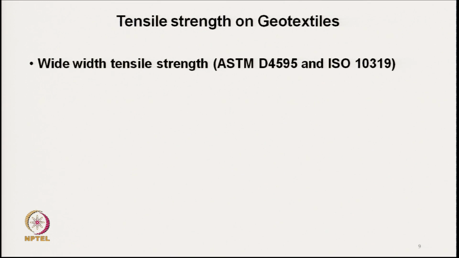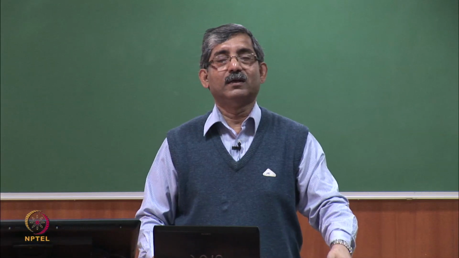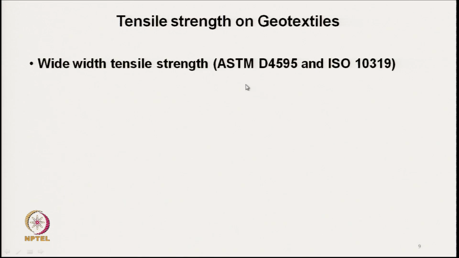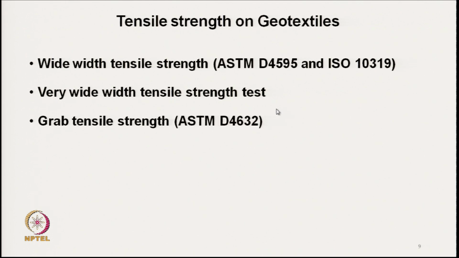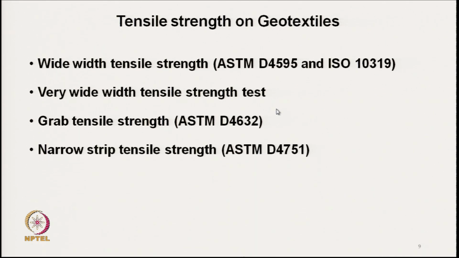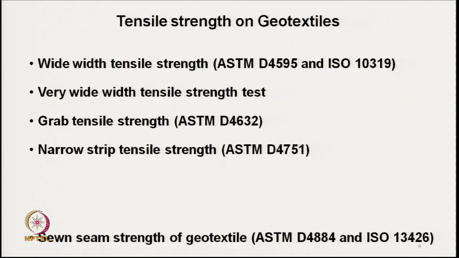In actual field application, we need wide width tensile testing as per ASTM D4595 or ISO 10319 system. So, the width is very wide. We can perform the grab test to simulate actual conditions. The narrow strip test is only for comparison, but it will not simulate the actual condition.